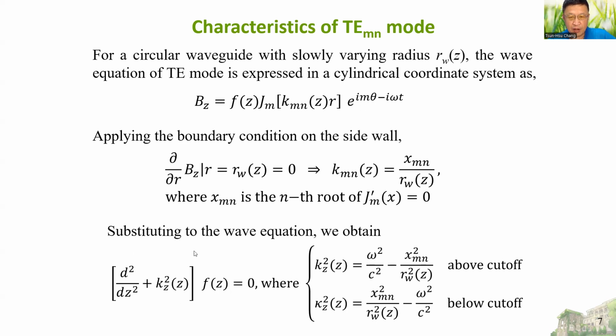And Kz, remember, we have two sections. One section, Kz can be determined from this equation. If this is above cutoff, then Kz will be real, a propagating wave, forward propagating or backward propagating. However, if this one is less than 0, that is below cutoff, and what will happen?